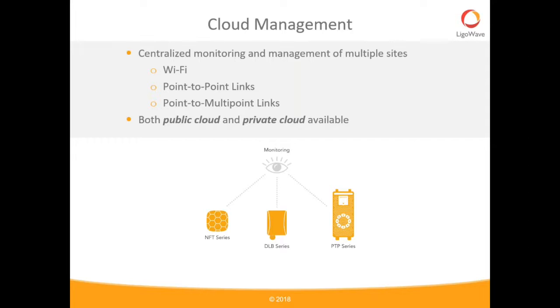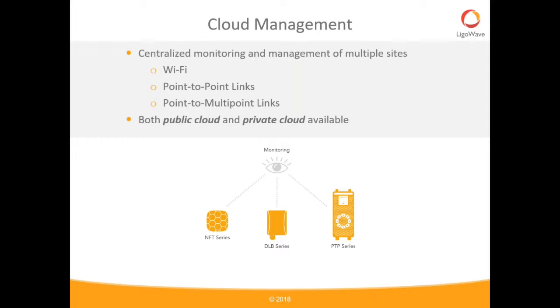We also have recently introduced cloud management. We've had cloud management for a while for our Wi-Fi products. We now have cloud monitoring as well for our point-to-point and point-to-multipoint links, which means that you can monitor the state of all of your point-to-point and point-to-multipoint links from our cloud controller. And you can get alerts if a link goes down. You can look at statistics in terms of how much data is being passed over a particular amount of time.